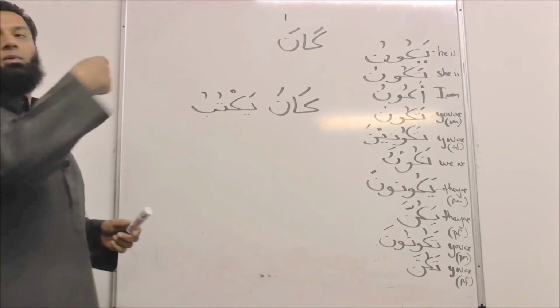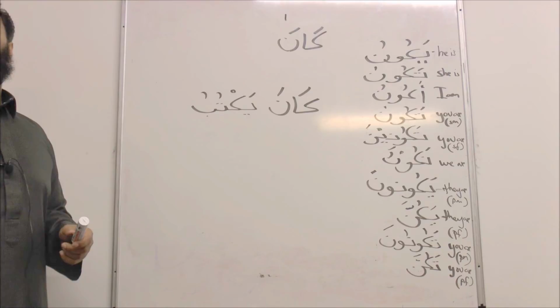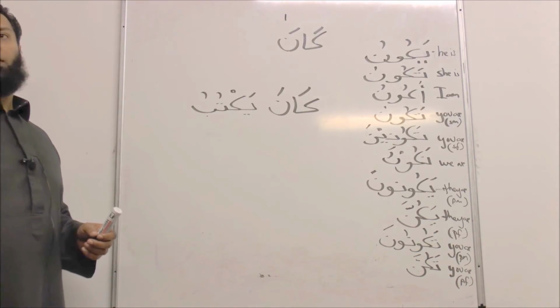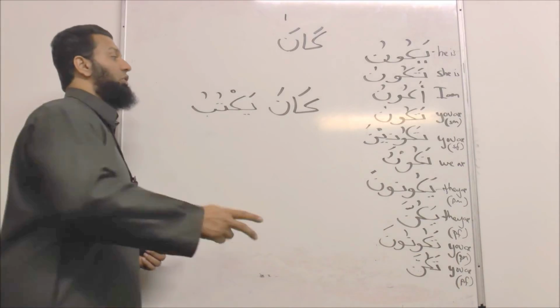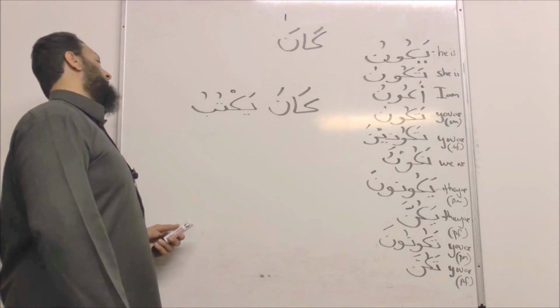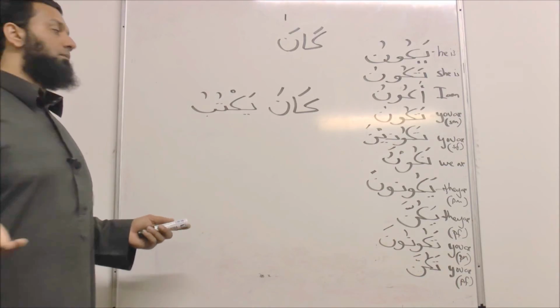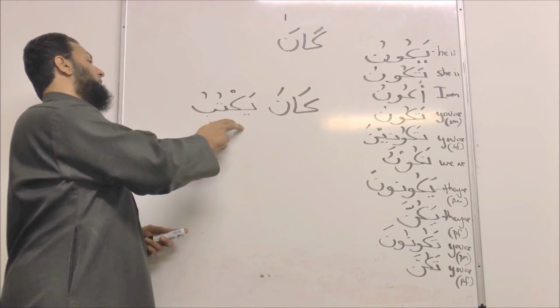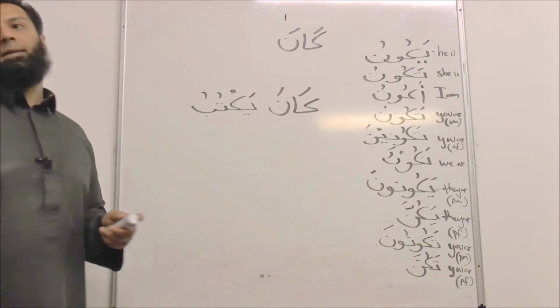Kaana yaktubu means he used to write. Okay? So it changes it into the past and a completed action. Kaana yaktubu. He used to write.